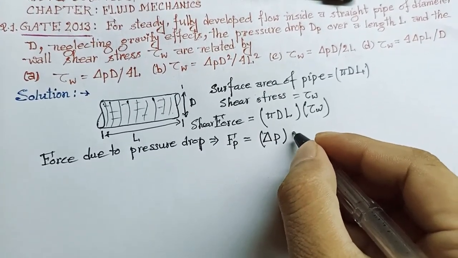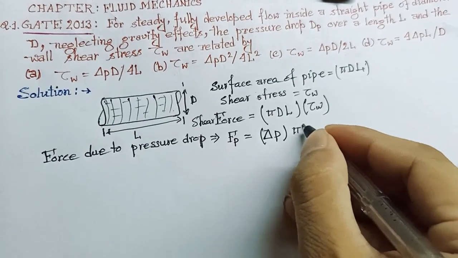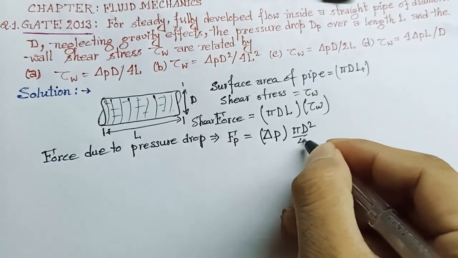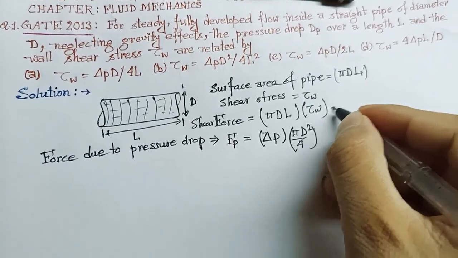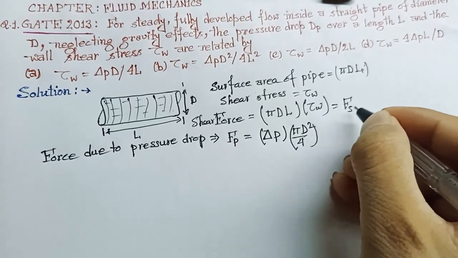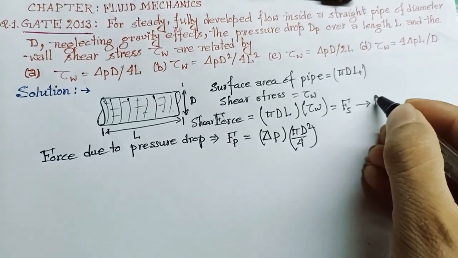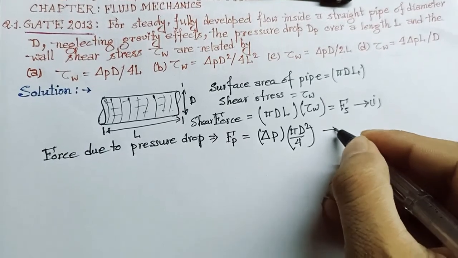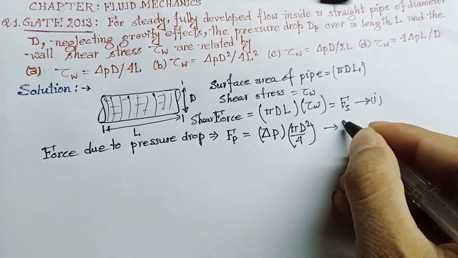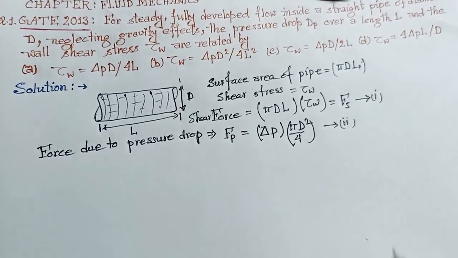So area of the pipe is given by pi d square divided by 4. Now this is the shear force Fs. This shear force given in equation number 1, and the force due to pressure drop given in equation number 2, will balance each other.